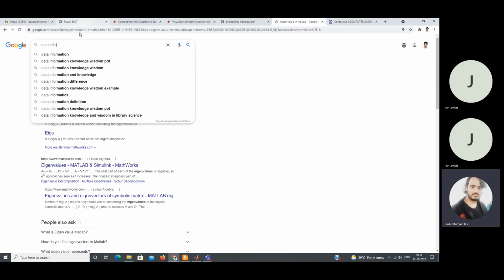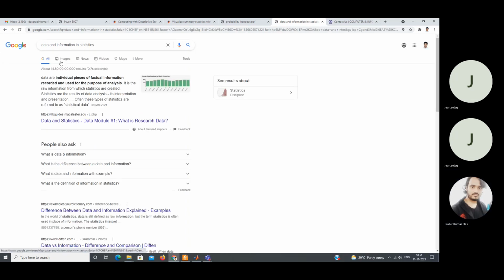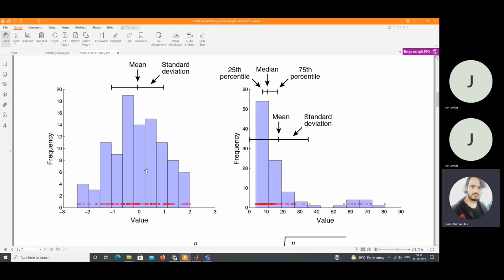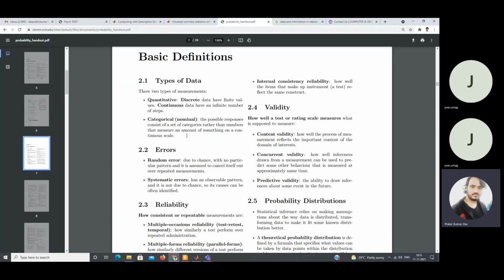In the statistics subject, what do we do with statistics? It is basically analyzing and visualizing the data, right? So we have to work with data and find the information from the data.